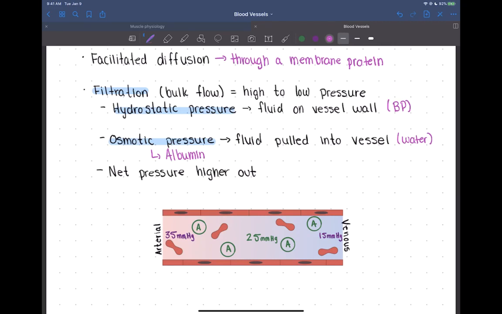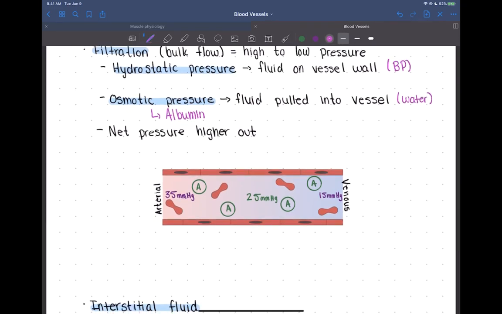All right, and so that is going to be a constant pressure of about 25 millimeters of mercury. All right, so that's constant at 25 millimeters of mercury.